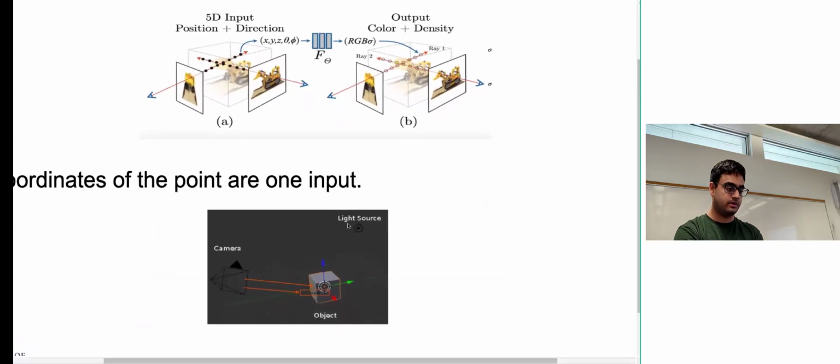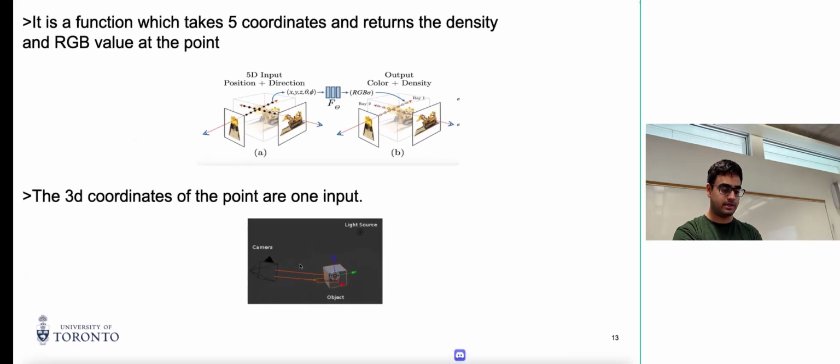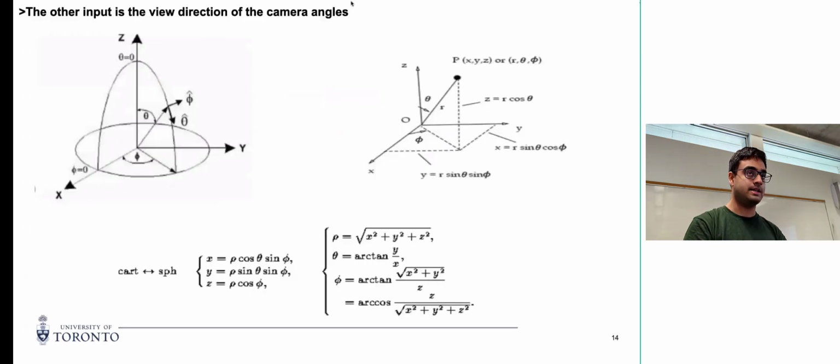As you can see here, the 3D coordinates of the point are one of the inputs, and the other input is the view direction or the camera angle. These can be denoted using theta and phi, where theta denotes the angle from the z-axis and phi denotes the angle on the xy plane.